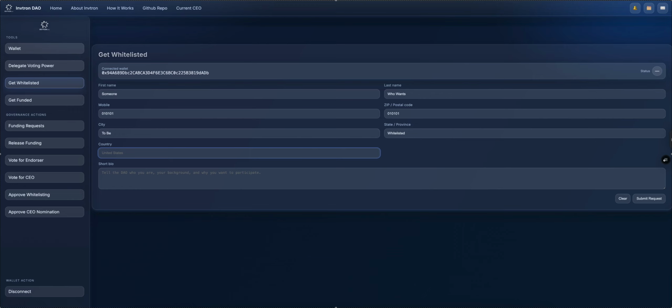Country, as you can see here, the country is Antarctica, whatever, United States, for example. Okay, this account was created to demonstrate whitelisting request, and submit.